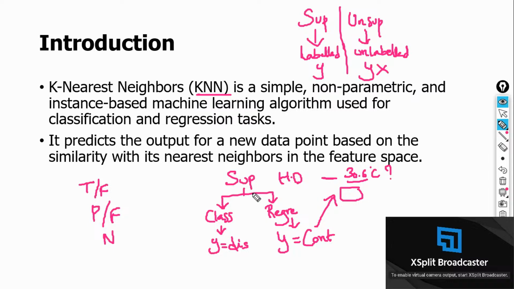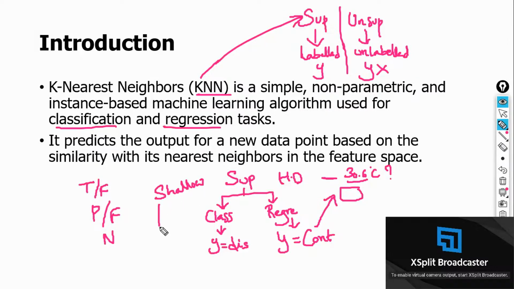For sure, KNN is a supervised algorithm. But for what purpose are we going to use it? It is used for both, not for one. Either for classification or regression, we can use KNN, K nearest neighbors. Are there such kinds of algorithms? Yes. We also have something called shallow techniques.